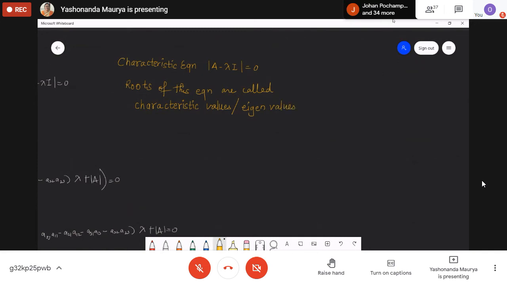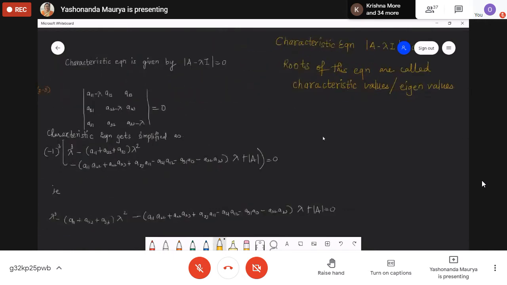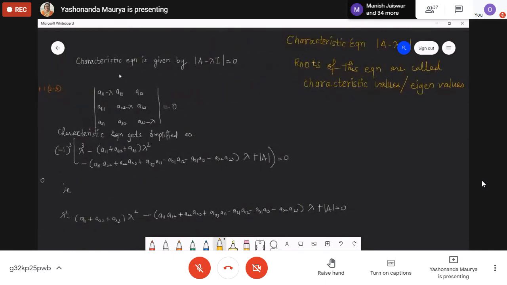Last time we saw this simplification, and I suggested you work out this example and see whether you are able to get this expression. We can simplify it by using the properties of determinant.